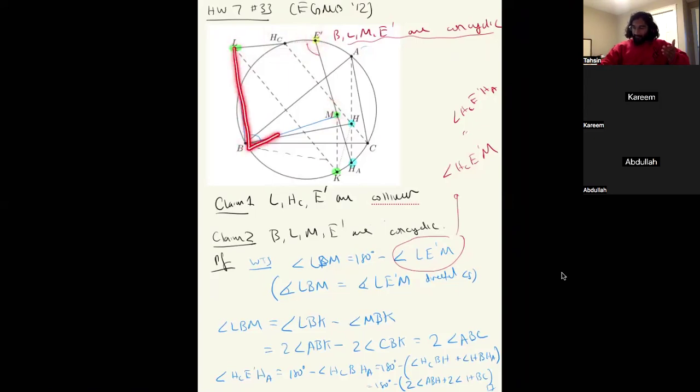I can calculate this angle, LBM, and you might observe this because the construction of LBM is pretty simple. You start with K and then you just reflect it twice. So since you know you can calculate this angle, a natural way to show concyclicity is to now calculate this other angle.